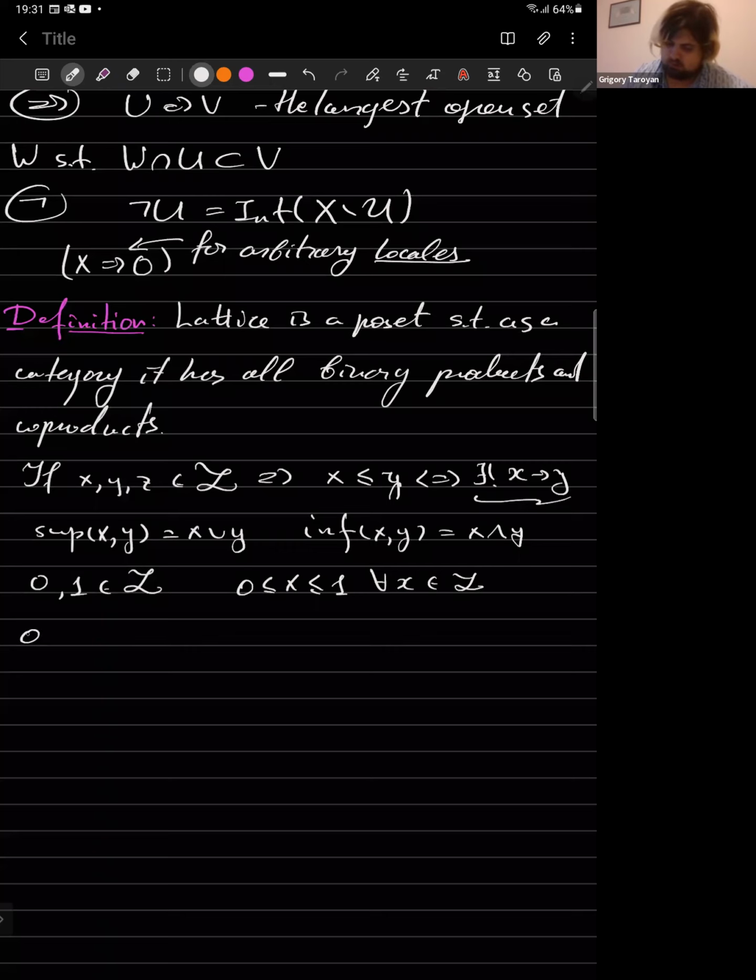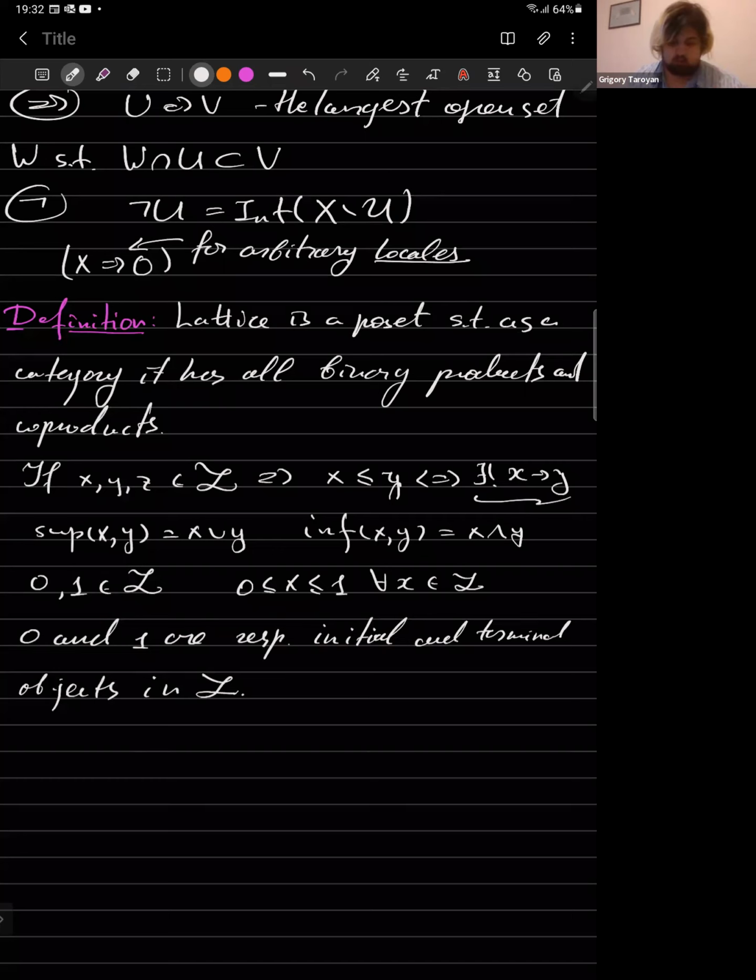And so 0 and 1 are respectively initial and terminal objects. Sorry, I'm a bit brain dead.